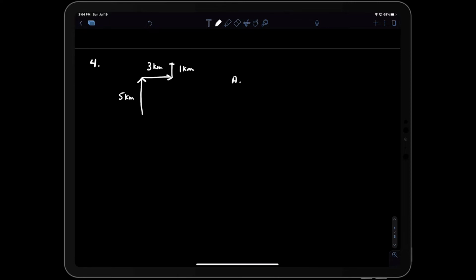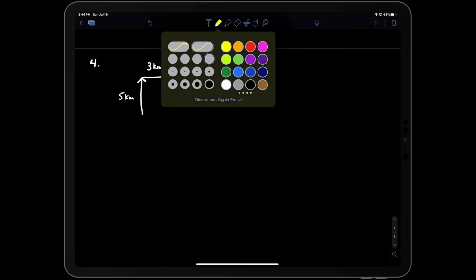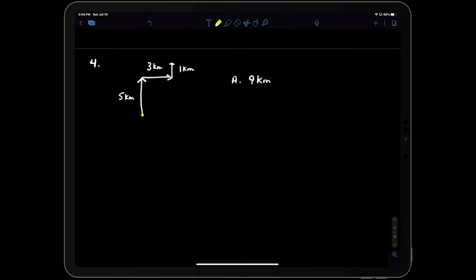So for part A, our distance here, we have a total of 9 kilometers that she would have walked. But let's get to the next question. What is the displacement? So she started here, she ended there. So we're just going to do a dashed line connecting those points. We don't have a right triangle, but you can make one. So I'll come over, and then I'll come up like this, and I have my right triangle.